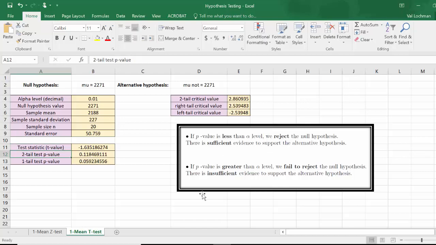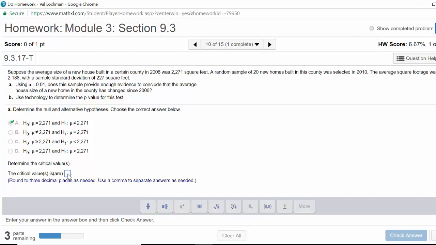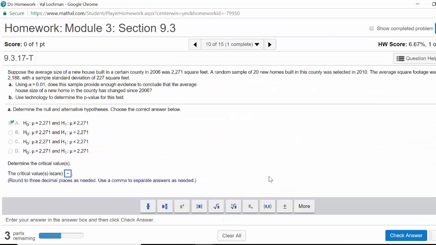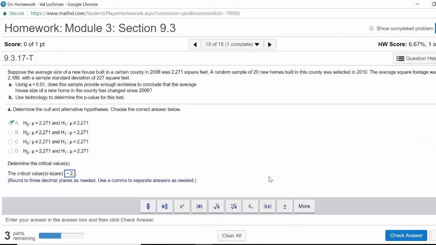Let's see what the next part is asking. Determine the critical values, rounded to 3 decimal places. Since this is a two-tailed test, there are going to be two of them. Negative 2.86 and positive 2.86.